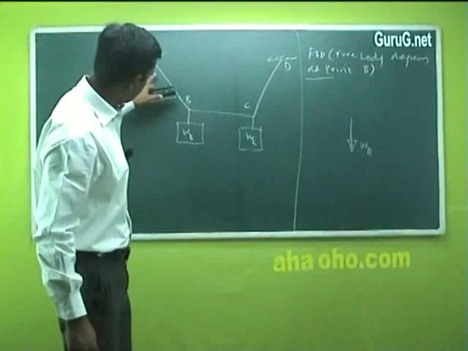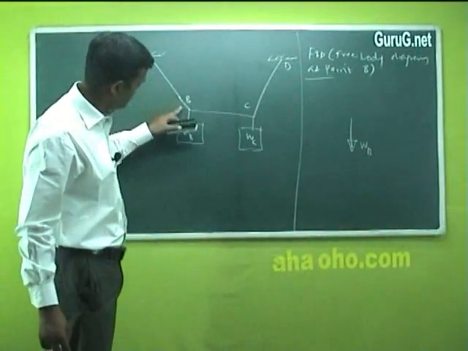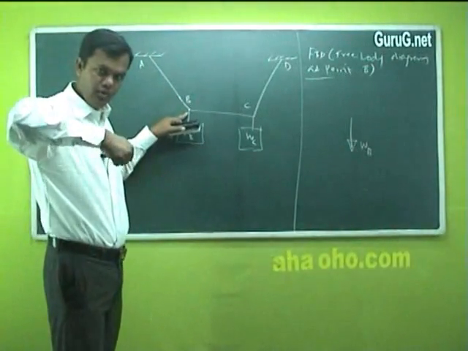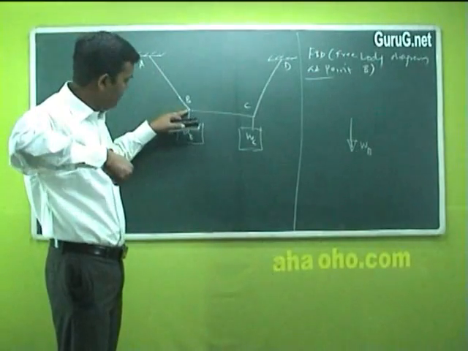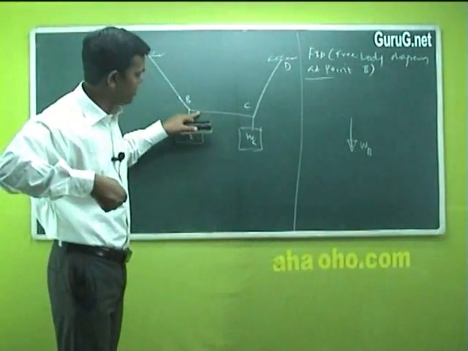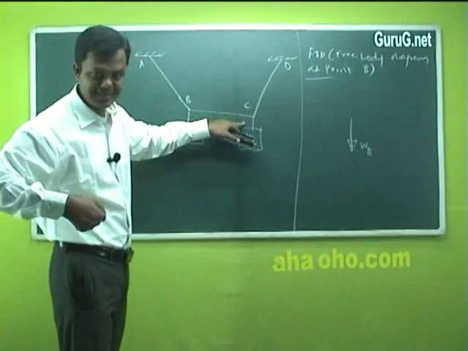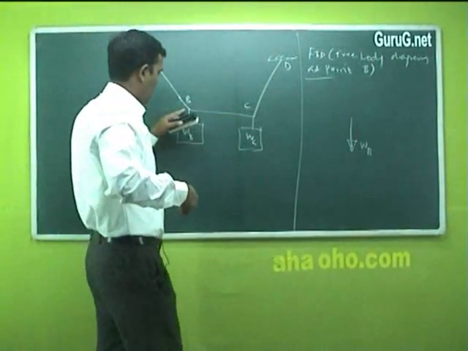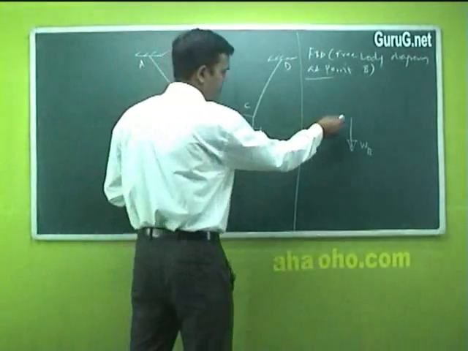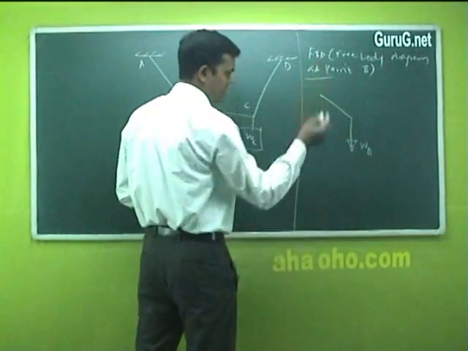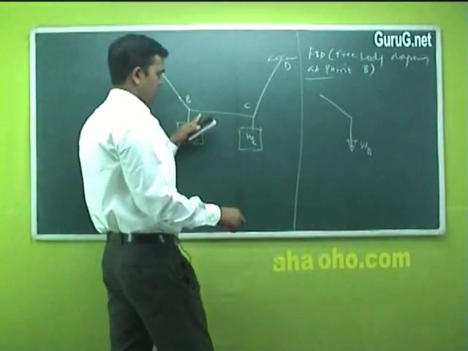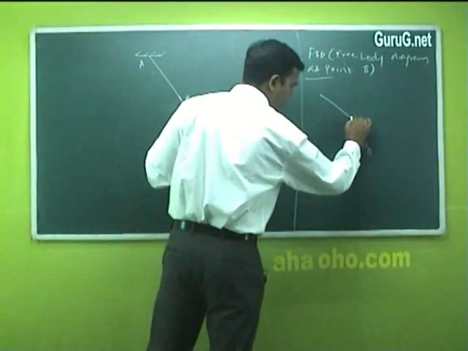The next one: there is one string joined in an inclined position which keeps the body holding. From the point B, there is one more string in the horizontal direction which is connected to point C. So this is a force which I can indicate in this inclined fashion, and this is a horizontal line from the point B to C.